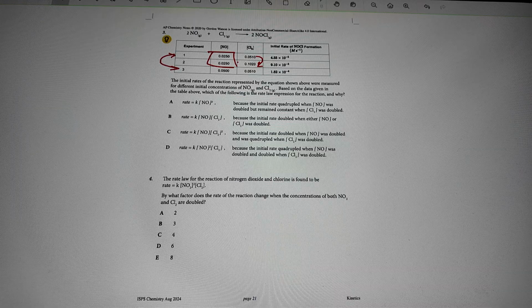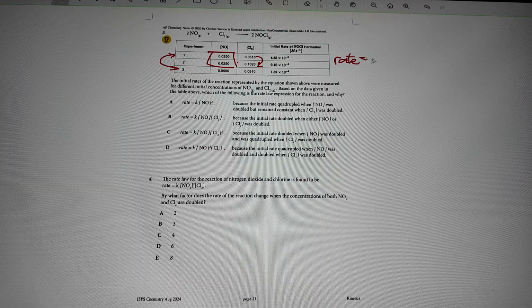So the rate law here would be that NO would quadruple things, and Cl2 would double things. Sorry, my handwriting isn't the best.